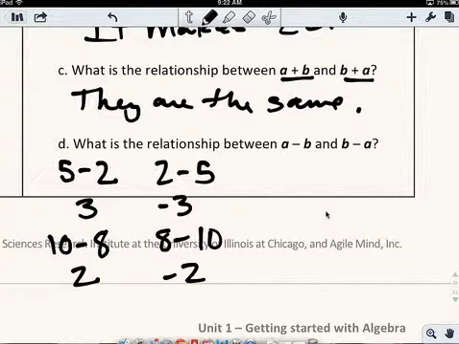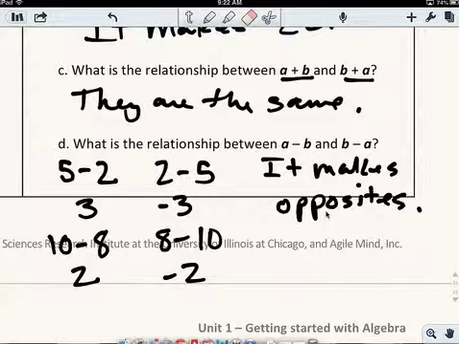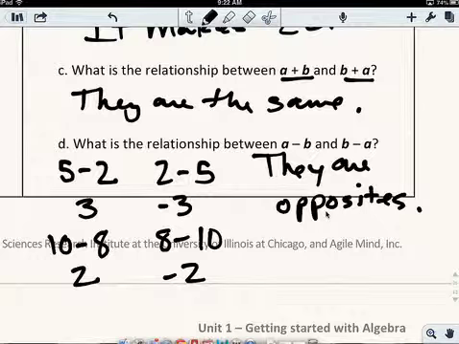It sure looks like they are opposites. So if you do A minus B and then reverse it and do B minus A, you should get the opposite answer, the negative version of it. All right, that's our homework for today. Good work, everybody.